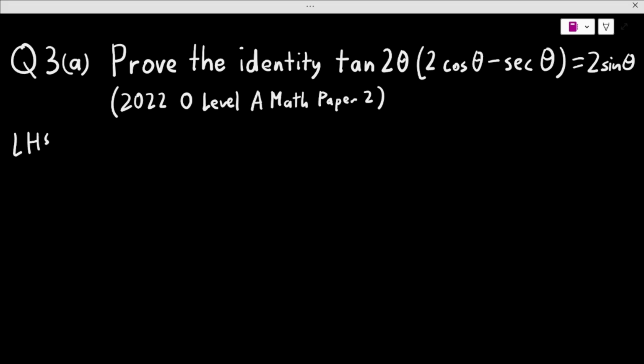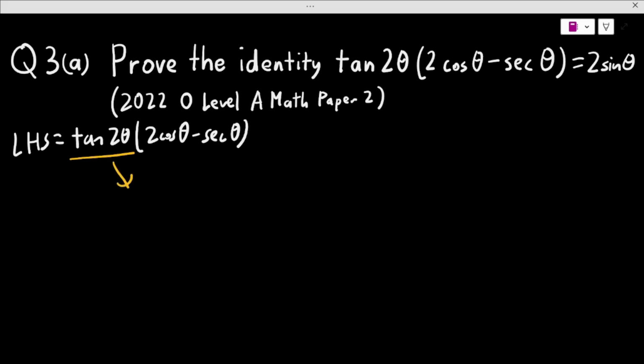So the left-hand side is equal to tangent 2 theta times 2 cosine of theta minus secant of theta. Alright, we see that we have a tangent of 2 theta. It reminds us of the double angle formula. So maybe let's just use the double angle formula, but hang on.